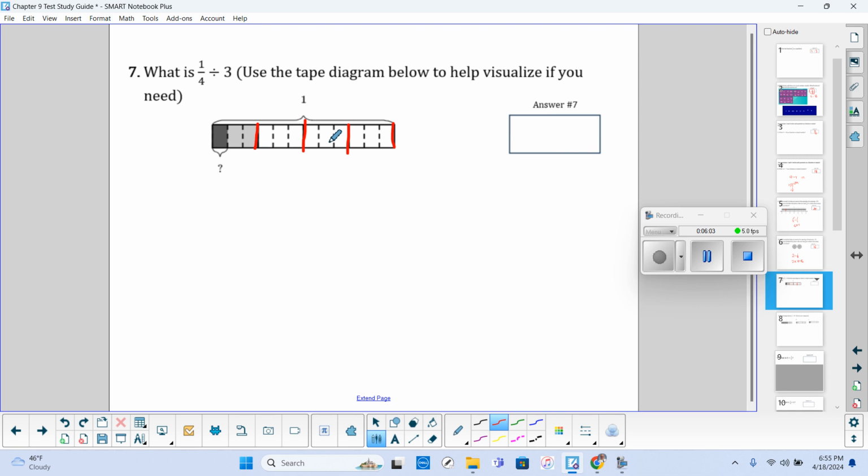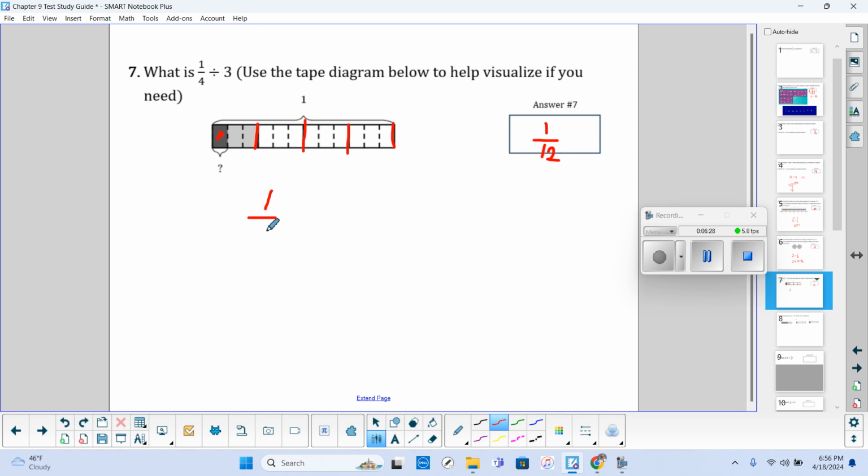Those 4 equal parts are broken up into 3 additional equal parts. Well, you can see that leaves us with this piece right there, which, if you count, is 1 out of 12. So the answer is 1/12. If you have to stop the video and count the pieces, you can do that.